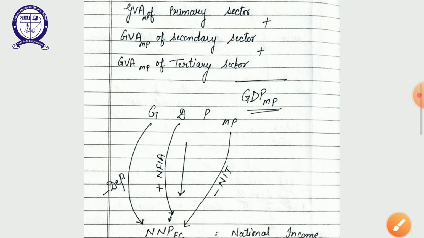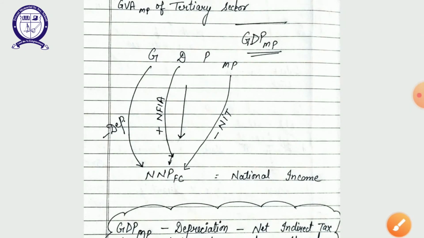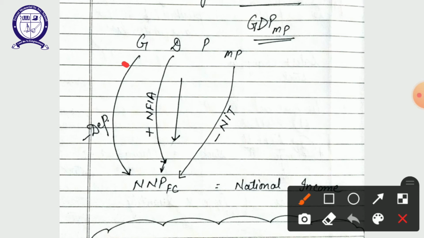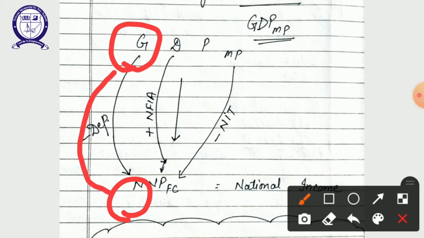Now the simple formula which we have studied in chapter number 3, how to convert GDP at MP to NNP at FC. Gross is bigger than net, so we will deduct depreciation.